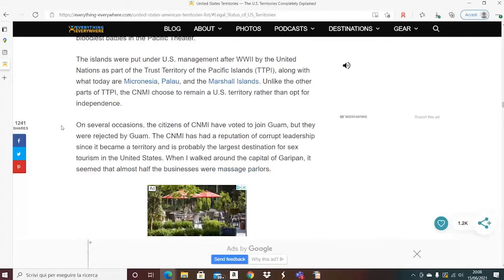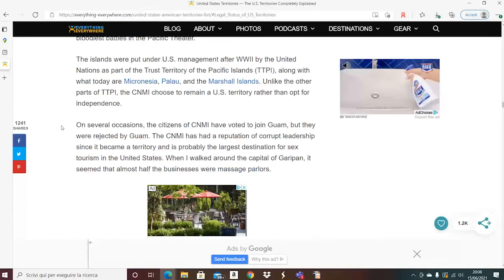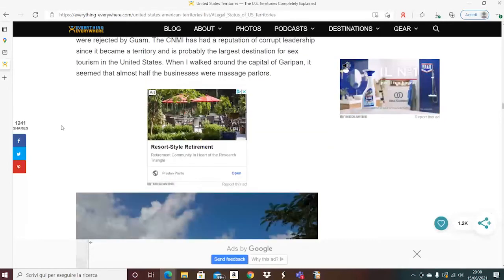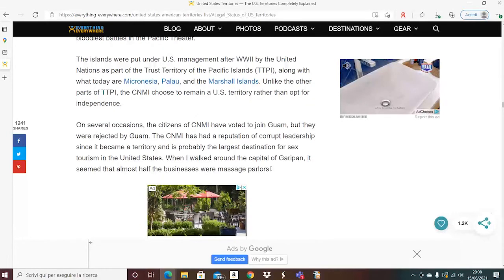It's like a massage place, but like a special massage place. Okay. Let's put it this way. A parlor is like a place, a shop, something like that. Okay. Any other word you don't know? No, it's fine.